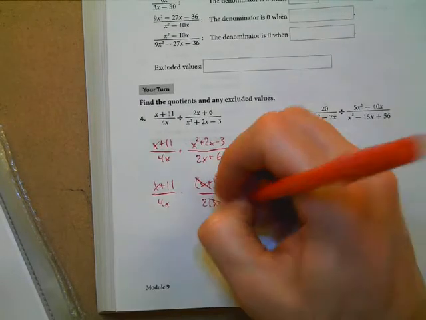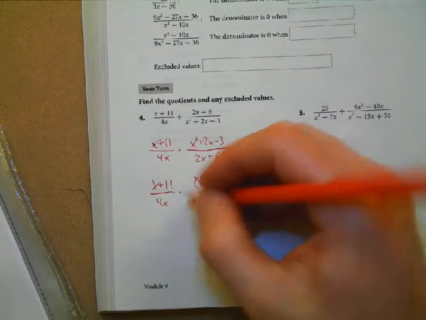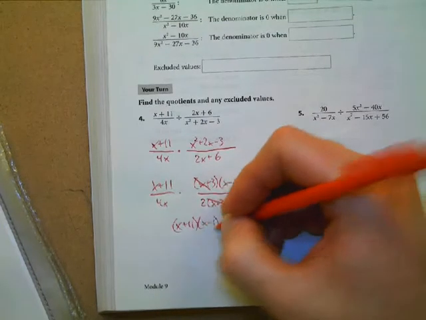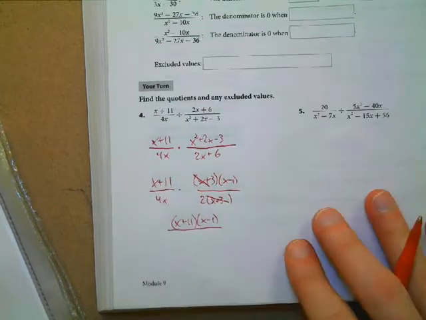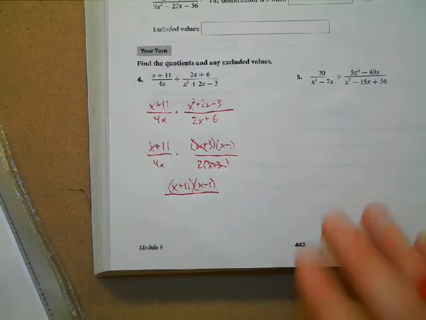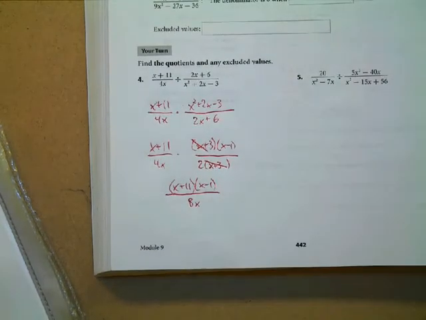And the excluded values, I'll just say exclude. What x values here do we need to exclude? And I'll open this to anybody. What x values, if we put them into our denominator, are going to give us trouble?